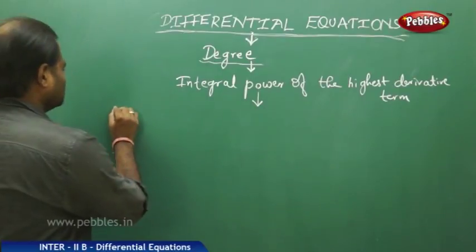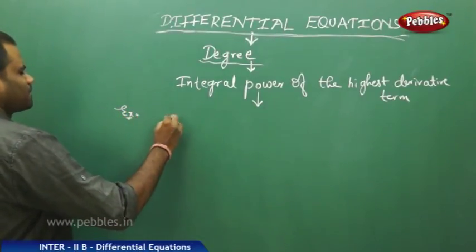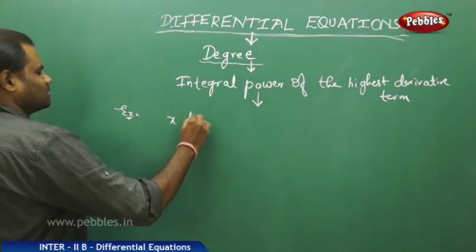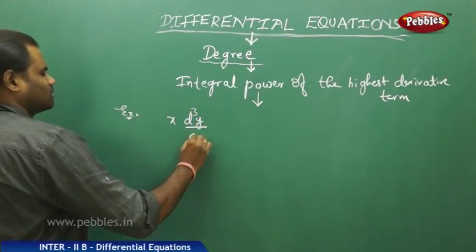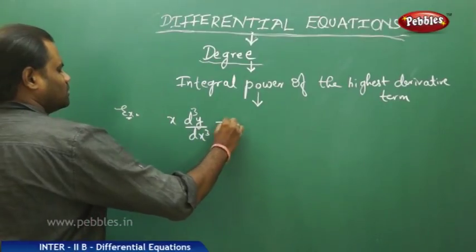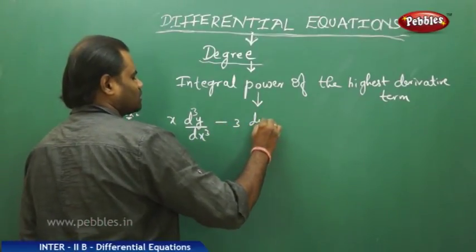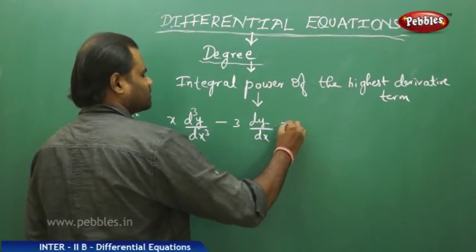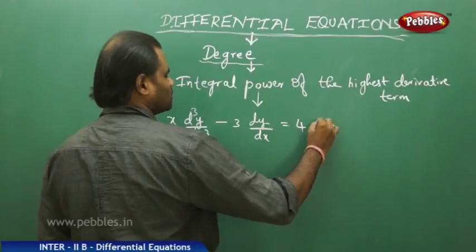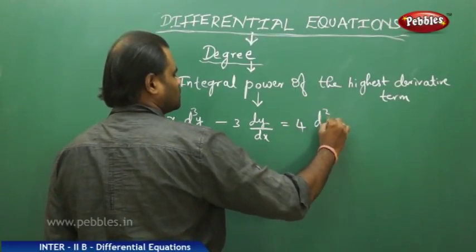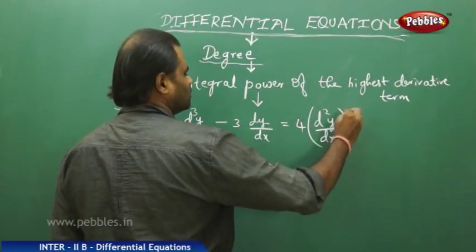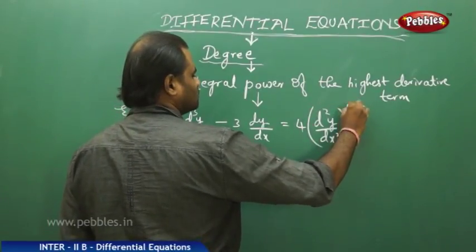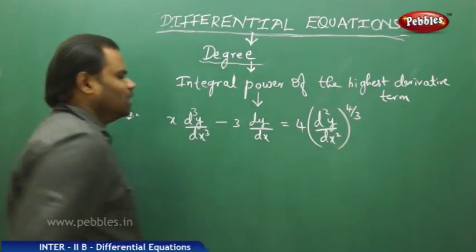So, the integral power of the highest derivative term. For example, if I take x d cube y by dx cube minus 3 dy by dx is equal to 4 (d square y by dx square) whole power 4 by 3.